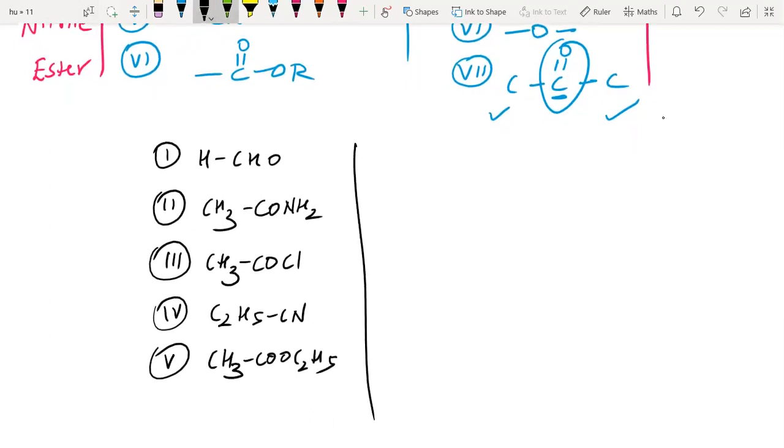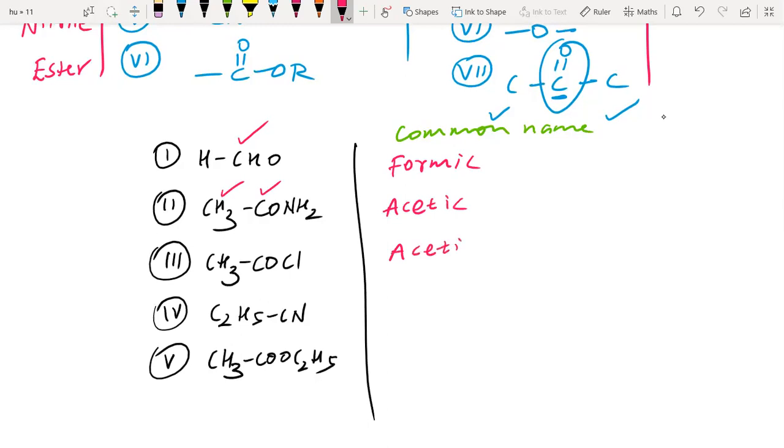While writing the common name, what we have to see is how the name is derived. You have to find the number of carbons. With one carbon, which acid? The carboxylic acid containing one carbon is formic. Similarly, two carbons, we'll write acetic. Here also we have two carbons, so we'll write acetic.